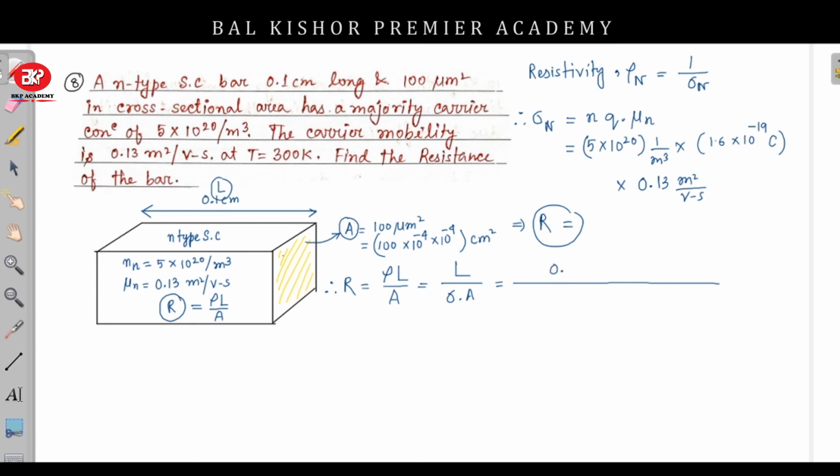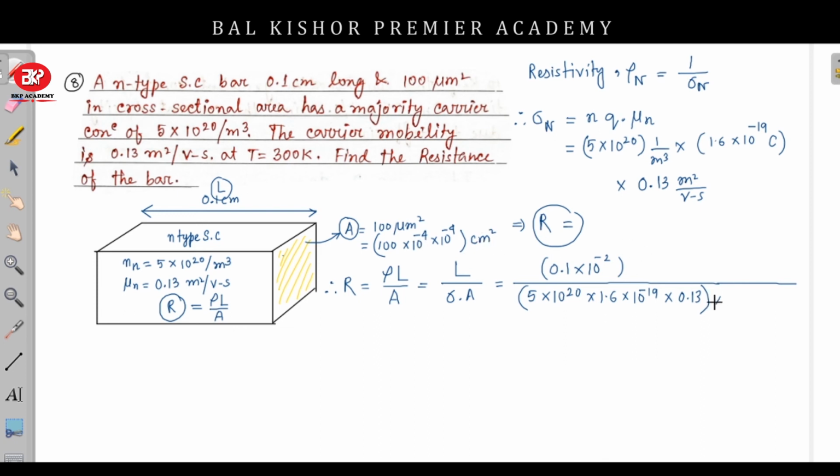So we have to convert it, सेंटीमीटर को मीटर में कन्वर्ट करना होगा. So it is in meter, यहाँ पे मैंने मीटर में कन्वर्ट कर दिया. Now नीचे क्या होंगे? सिग्मा वैल्यू that is 5 into 10 to the power 20 into 1.6 into 10 to the power minus 19 into 0.13. तो ये सिग्मा का वैल्यू हो गया. अब सिग्मा का वैल्यू अगर है तो ए का वैल्यू क्या चाहिए? 100 माइक्रोमीटर. यहाँ पे सेंटीमीटर में कन्वर्ट किया था, तो इसको मीटर में कन्वर्ट करना होगा.